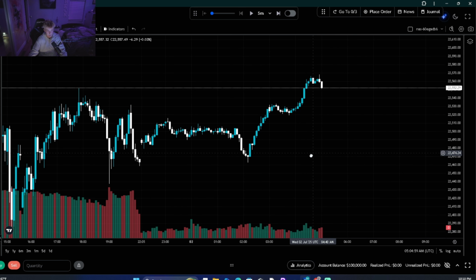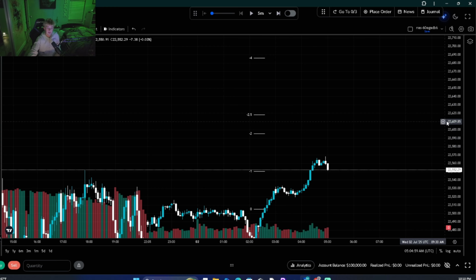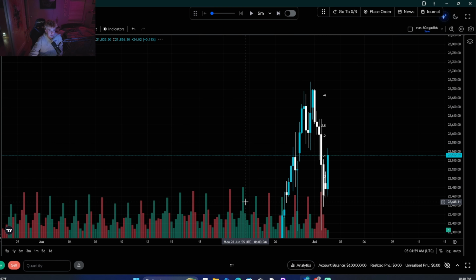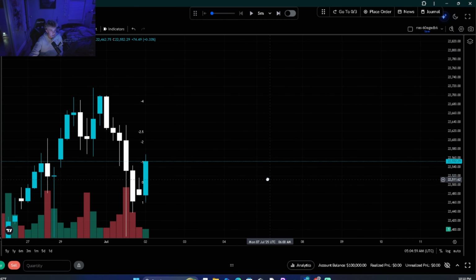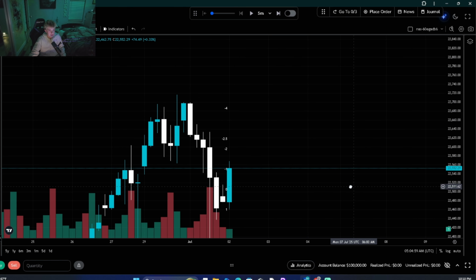Okay, see, we already got it right here, this manipulation leg. So we'll draw the fib from down here all the way up to here. Here are our levels. And now what I do is I go up to the 4-hour time frame, see if I have any confluences or fair value gaps or anything. Don't see anything here.